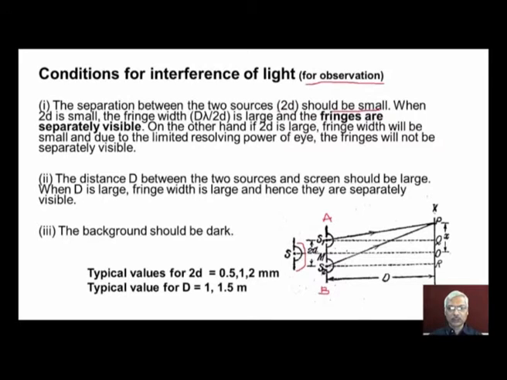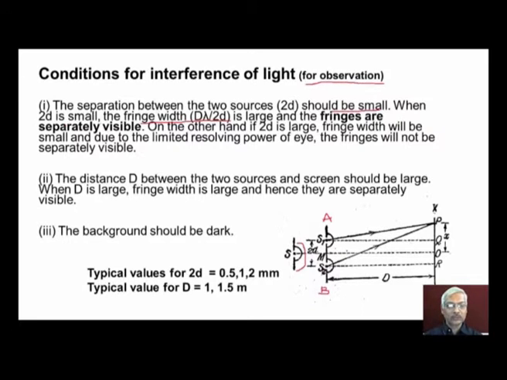This 2d should be very small. When 2d is small, the fringe width, that is Dλ by 2d, where D is the distance between screen AB and screen XY, and 2d is the distance between S1 and S2.